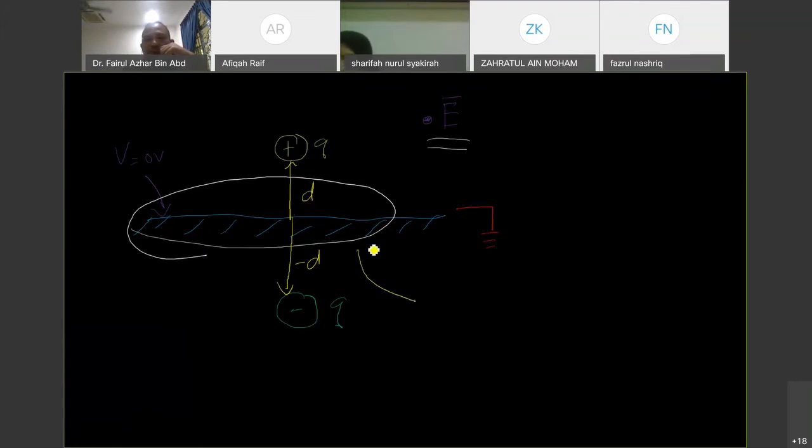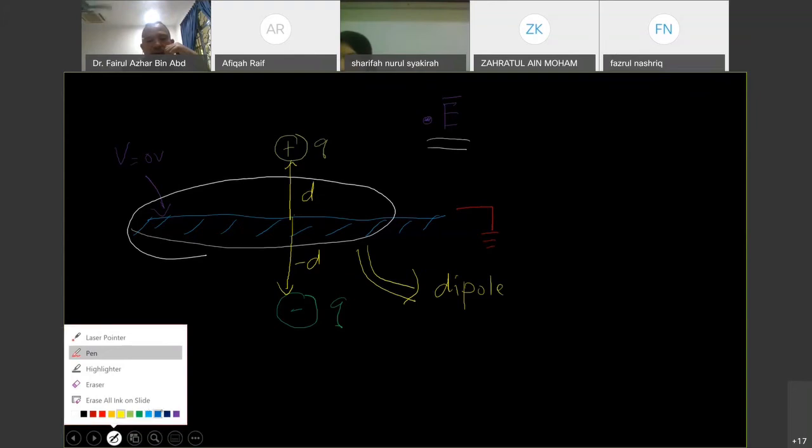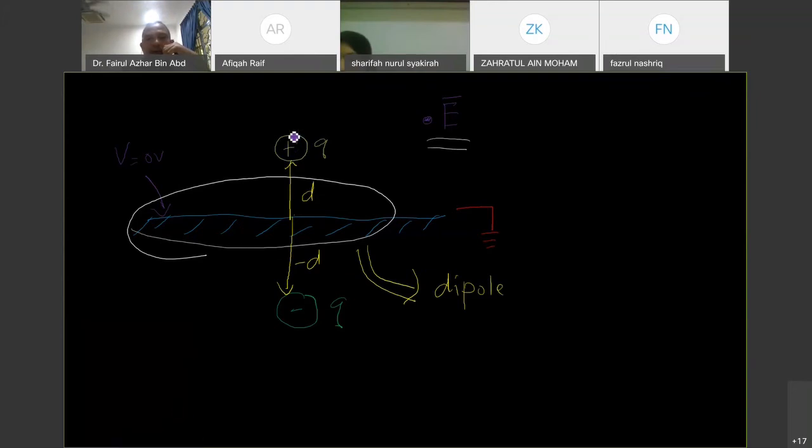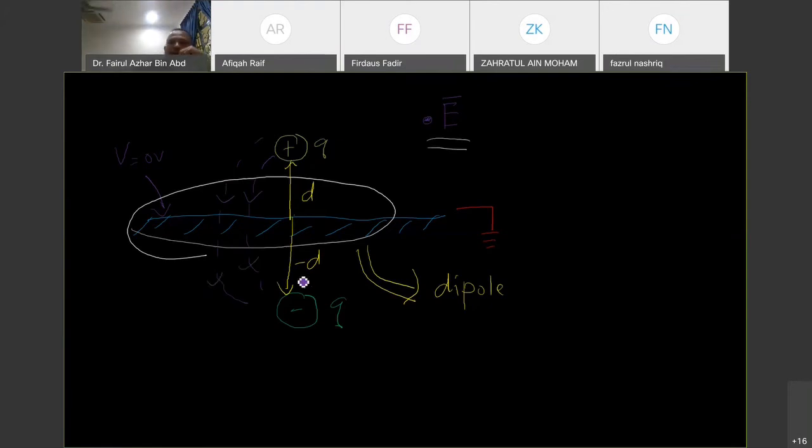This situation is almost what we have in a dipole, with one positive and one negative charge. The field will travel from the positive to the negative charge.